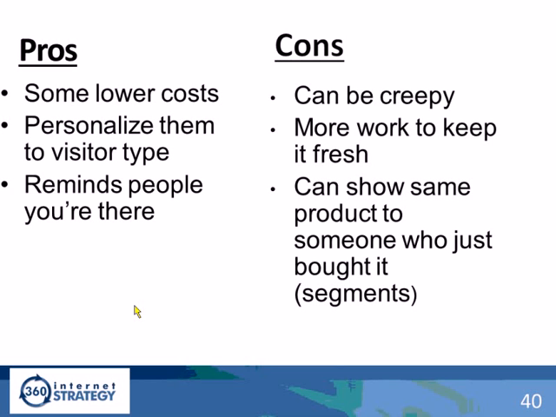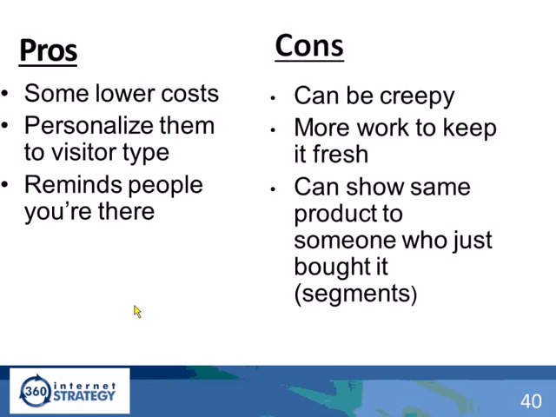Again, you can personalize them to the visitor type. I'm using the retail example: rather than just showing an ad to anyone who came to your retail site, if somebody was on your site in the men's section, you would want people who visited the men's section to see remarketing ads about the men's section.